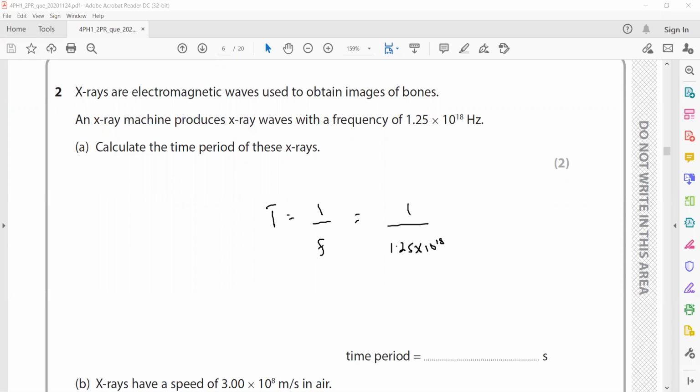So this will give us the time period, which is 8 times 10 to the power minus 19 seconds.